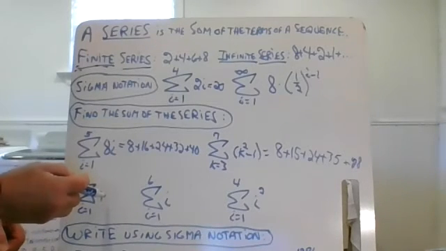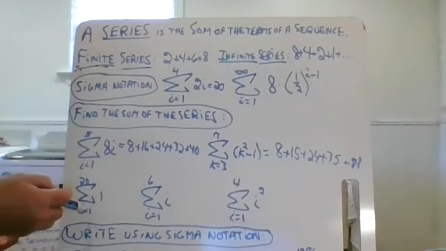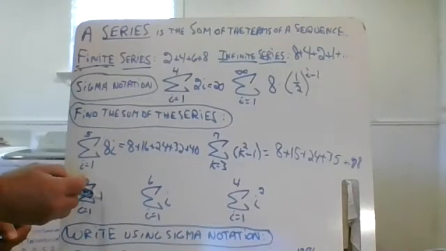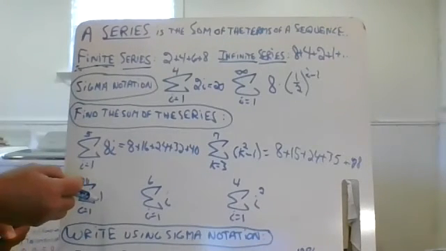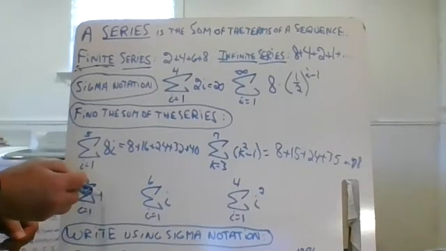Not a sub n equals n, a sub n equals 1. That means every output is a 1. So when you let c equal 1, your c sub 1 is 1. When c is 2, your c sub 2 is 1. Your c sub 3 is 1.